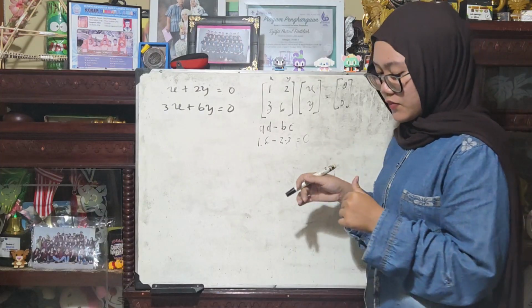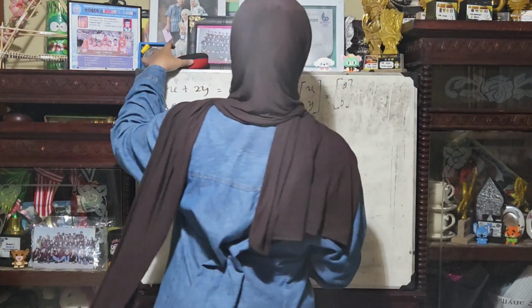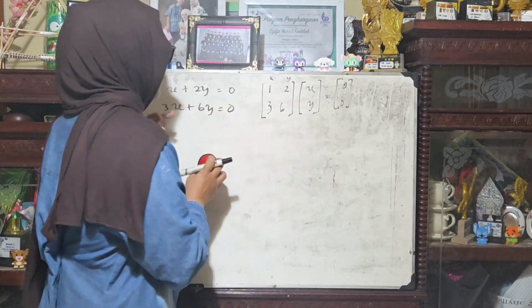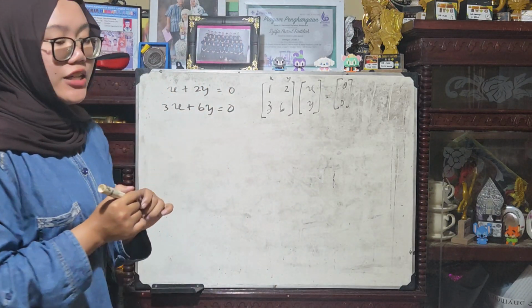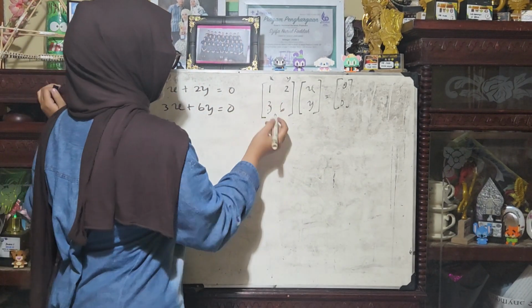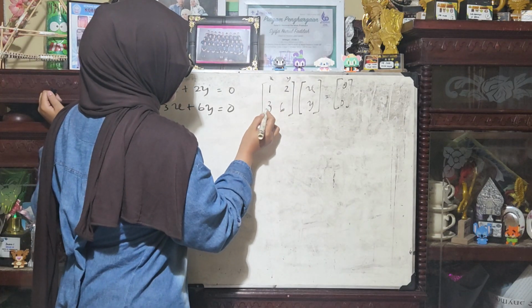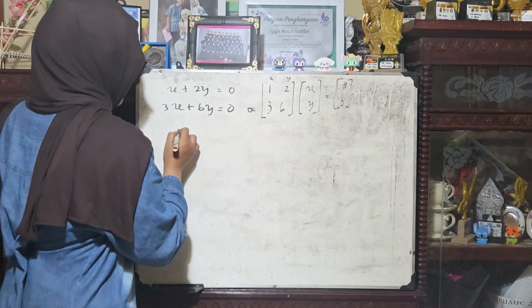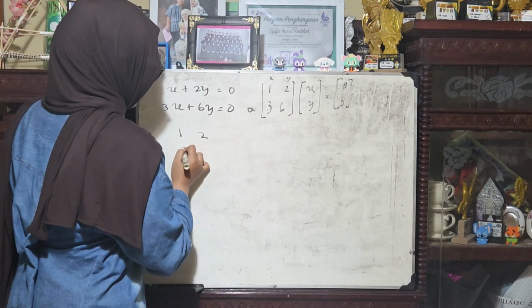So the next step is to make our matrix into a row echelon form. We're going to make this row 2 all 0. So 1, 2, 3, 6.